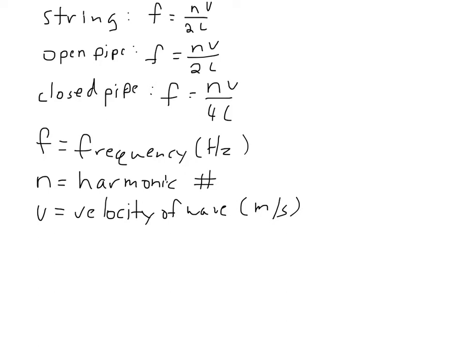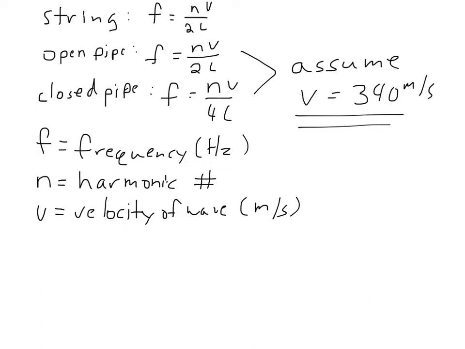And if it's sound for open and closed pipes, assume that V is equal to the speed of sound in air, which on average is about 340 meters per second. So unless it tells you something otherwise, assume that V is going to be 340 for open and closed pipes. And then L is the length of the pipe or the string.